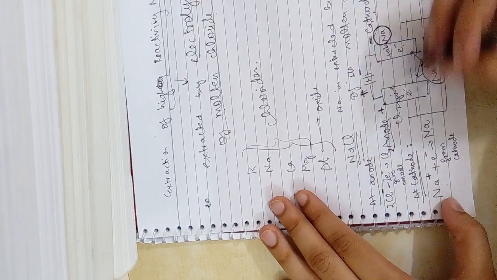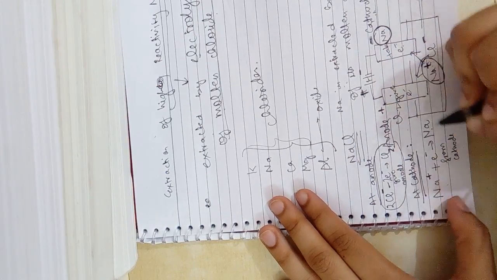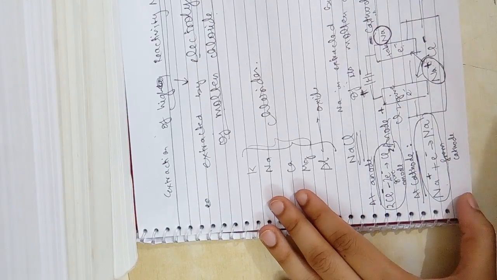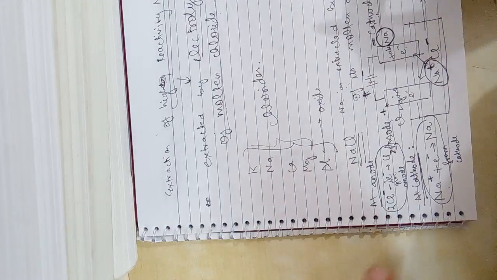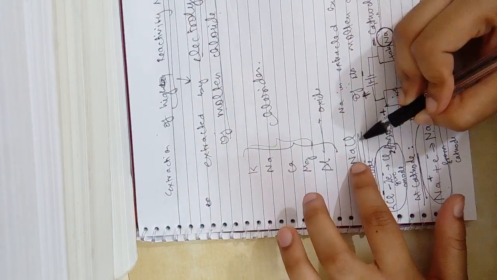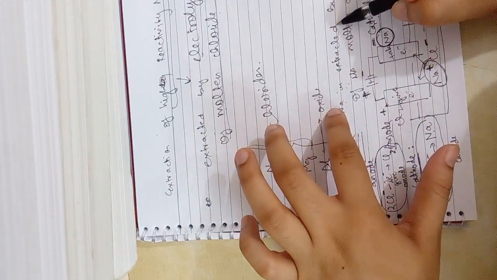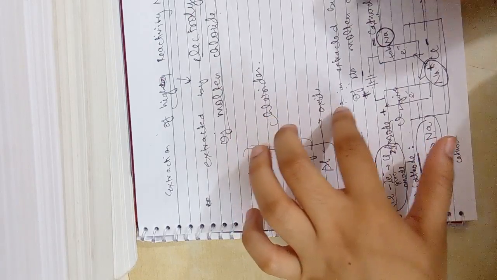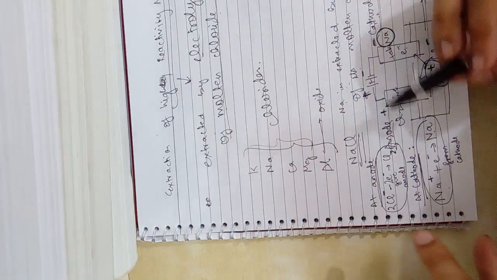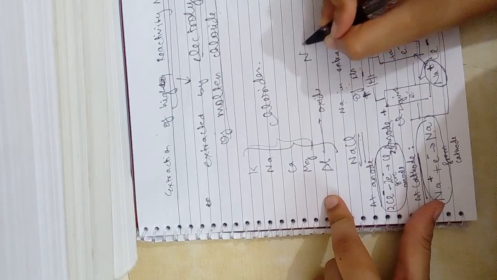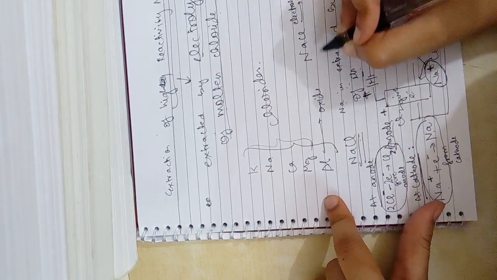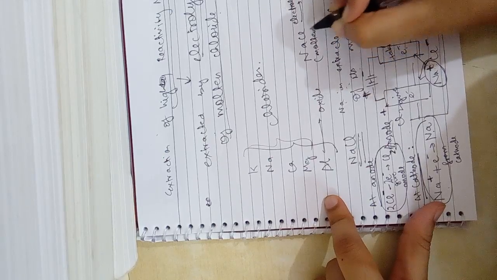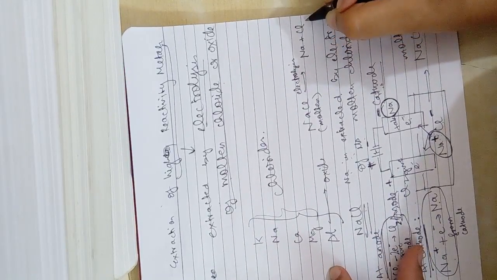So these two are the main reactions that we need to know, right guys? This is what you need to write down in the exam also. You can write this in your own words there. Na is extracted by electrolysis of its molten chloride. You can write down this equation also: NaCl, on the arrow you write electrolysis, and here you write molten form, and you write Na plus Cl2.